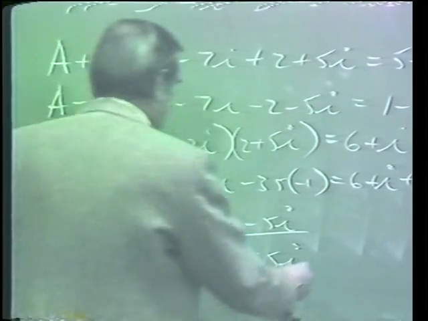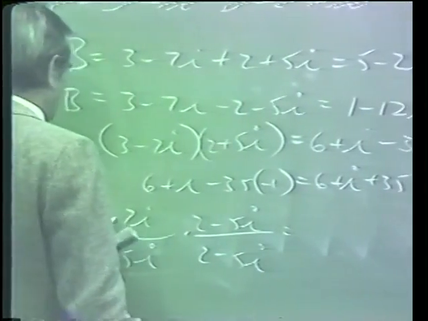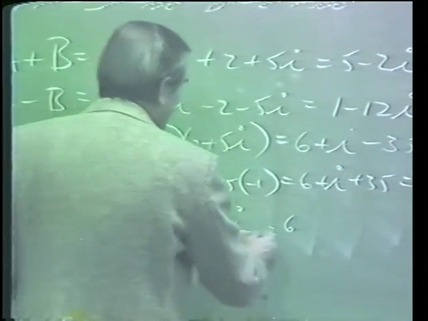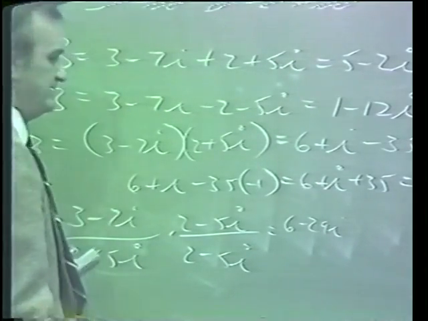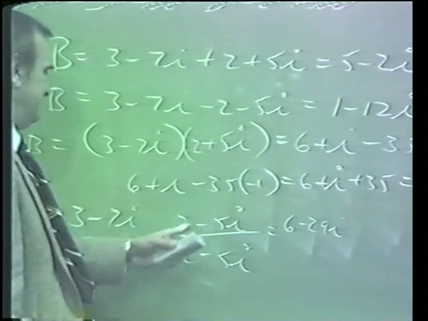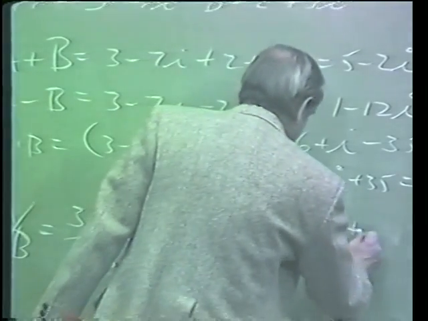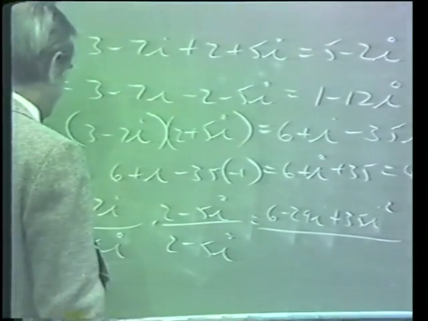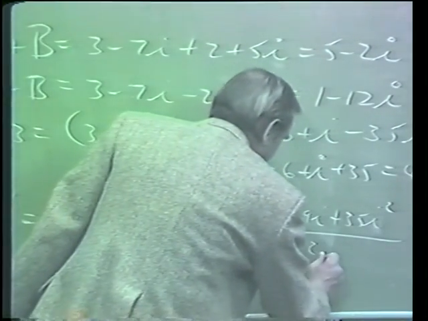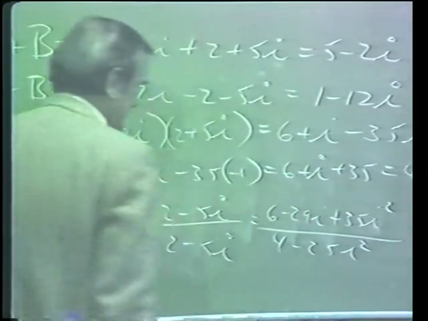If I do it correctly, in the numerator, I have 6. I have a minus 14i and a minus 15i is a minus 29i. Oh, this one comes out so beautiful. Plus 35i squared all over 4 minus 25i squared.